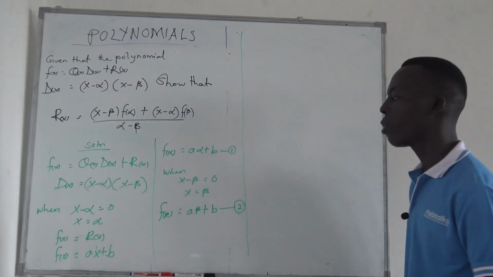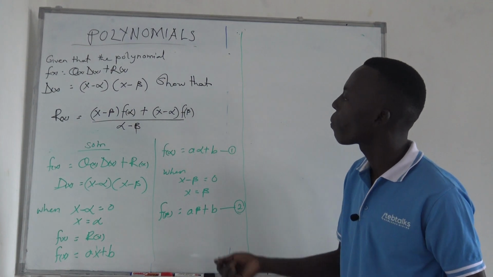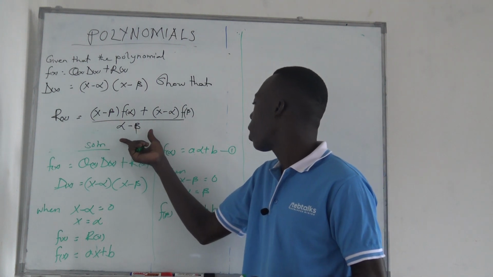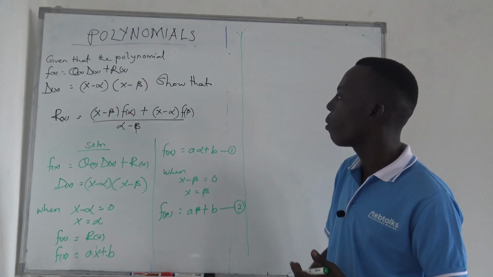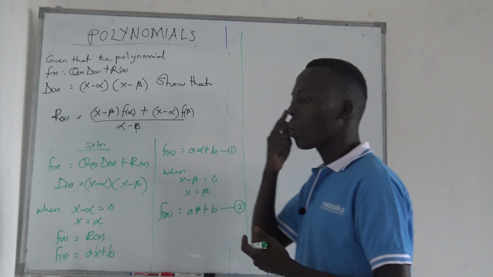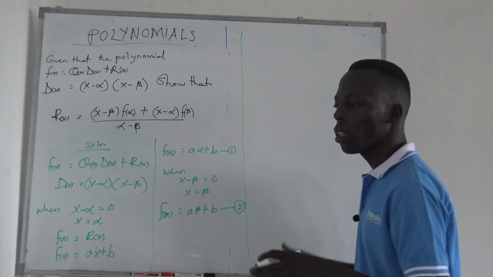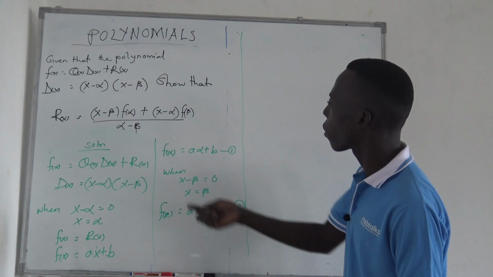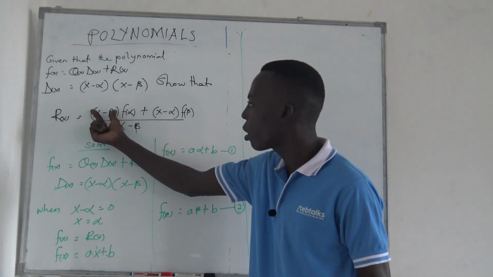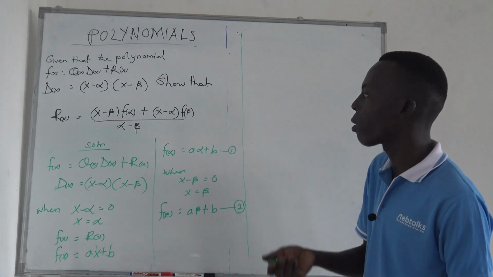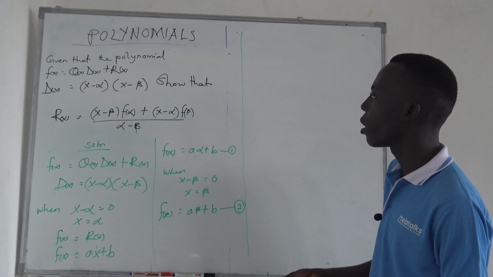After getting equation 2, since we have subtraction between the two, we say equation 1 minus equation 2. Since this is subtraction, we need something of a subtraction kind.